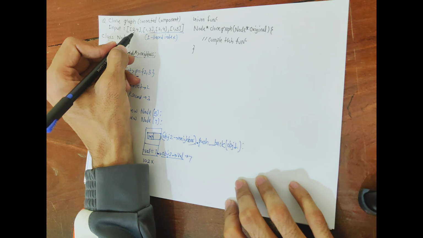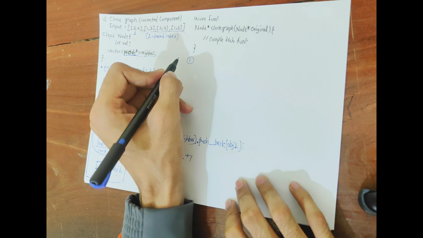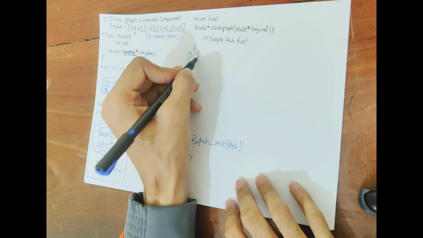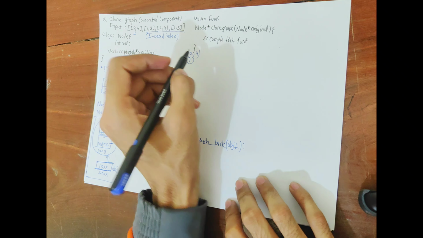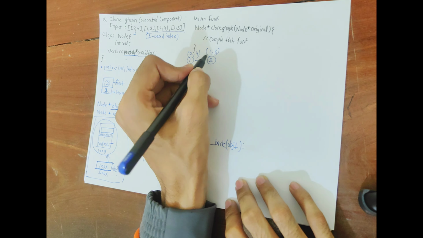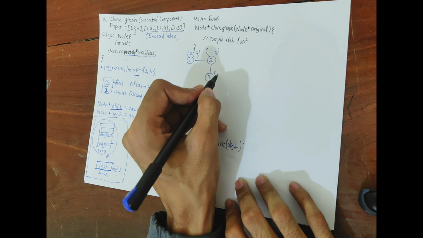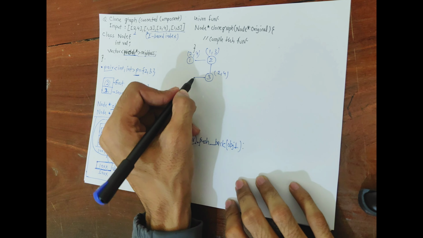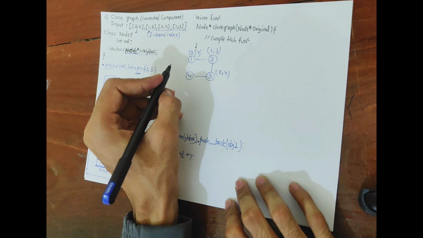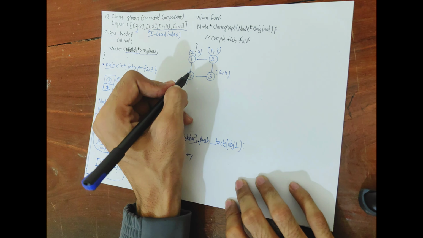It means this one has neighbors 2 and 4, the second index has neighbors 1 and 3, the third has neighbors 2 and 4, and the fourth one has neighbors 1 and 3.